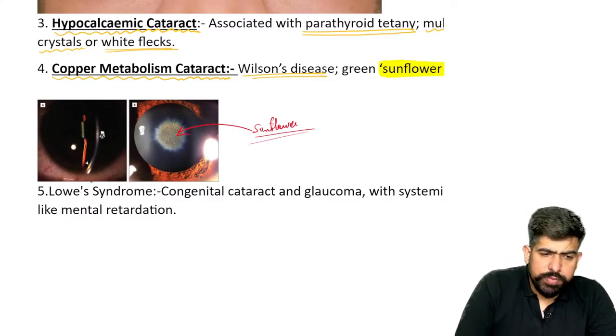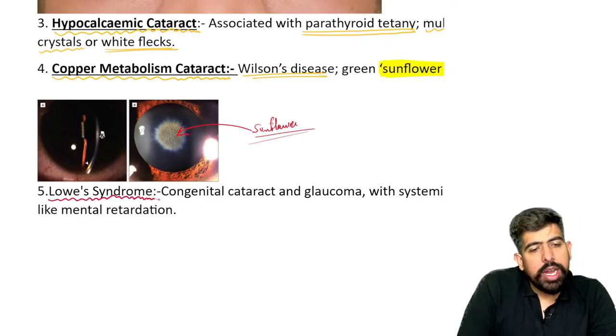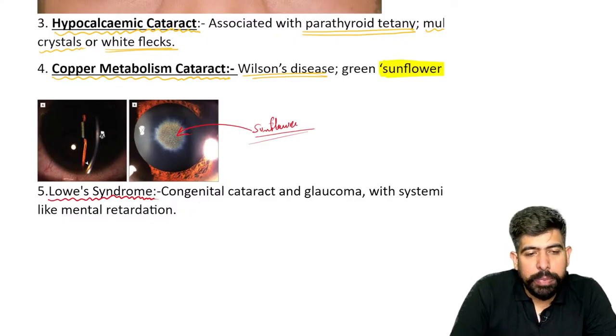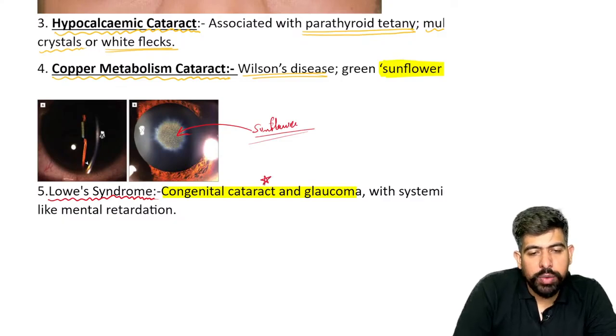Next we have Lowe syndrome. What does this syndrome mean, guys? Please remember, in this syndrome the patient has two congenital eye diseases, which are cataract and glaucoma, both. Make a star over here.